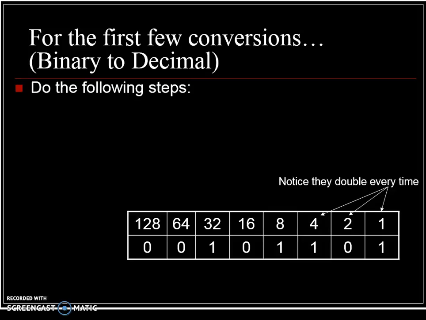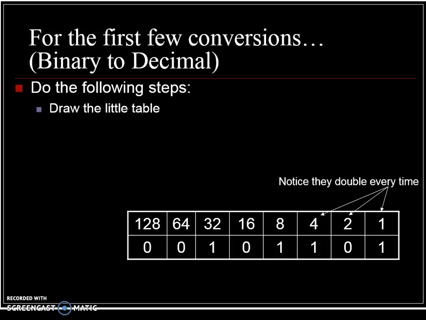If we want to do a conversion, one easy way to make sure we don't make any mistakes is just to create a little table and use this table each time. So in this case, I've prepared the first 8 digits, meaning that on the left-hand side, I can represent my 128s.